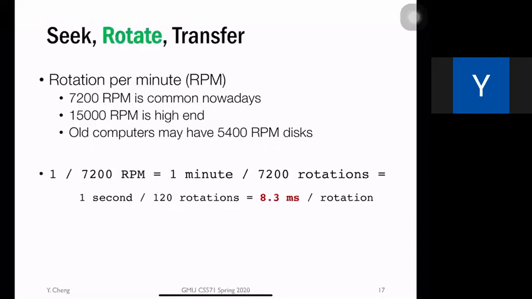And moving on to the second part, rotation latency. Often we use a performance metric called RPM, short for rotations per minute, to quantify the performance of a typical hard disk drive. Nowadays, a common RPM value is 7,200, sorry.